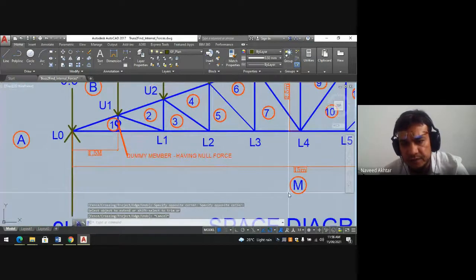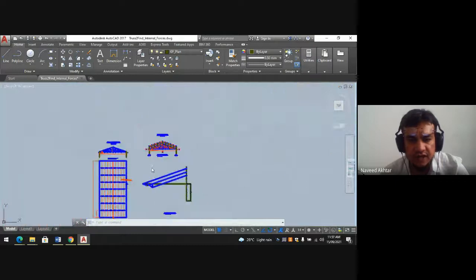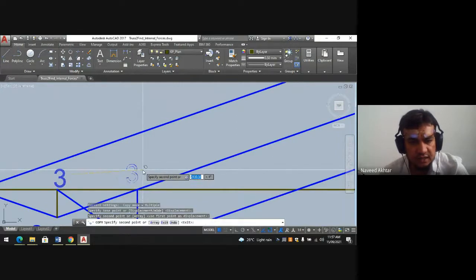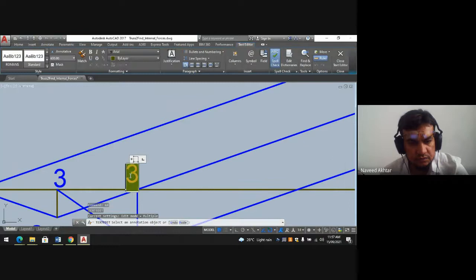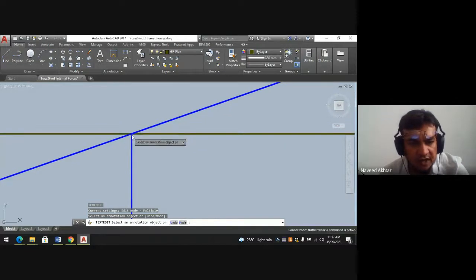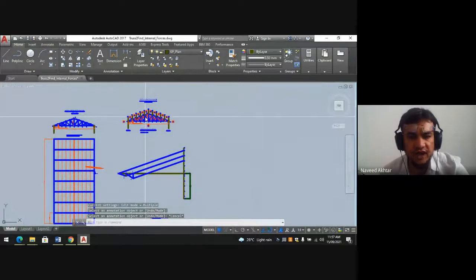So 5 to M, this horizontal line. Where this vertical line meets, that point is 5.